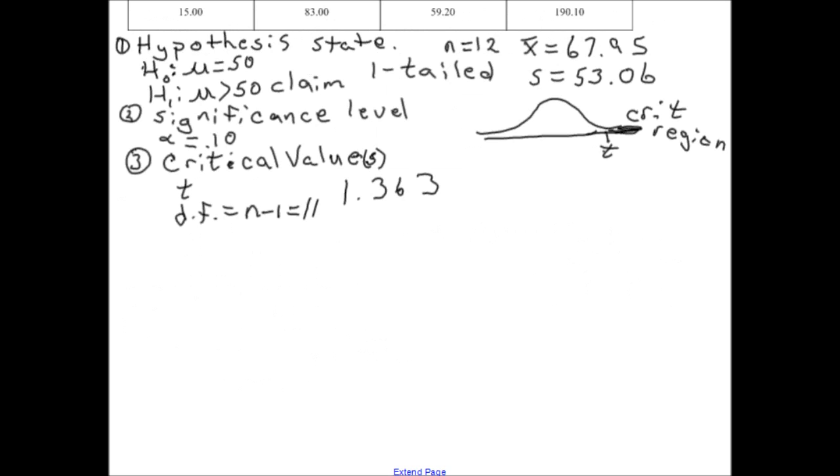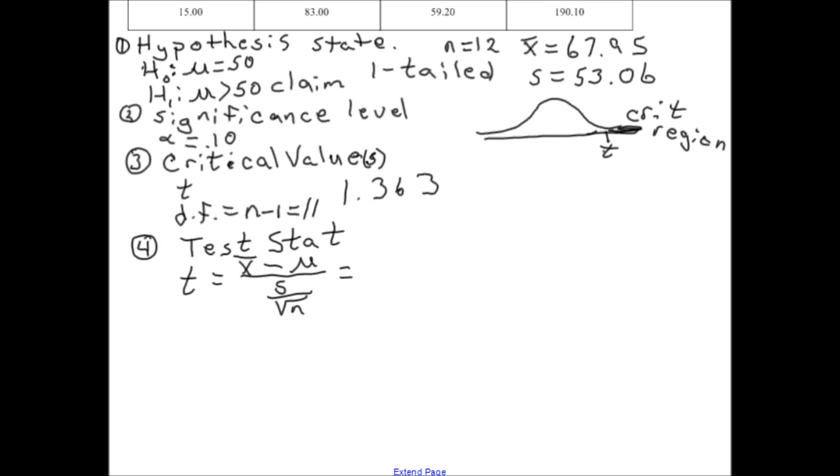And just like before, our next step is a test stat. And instead of saying z equals, it's t. We still do our sample mean minus our mean over, well, we don't have sigma, so it's s, over our square root of n.